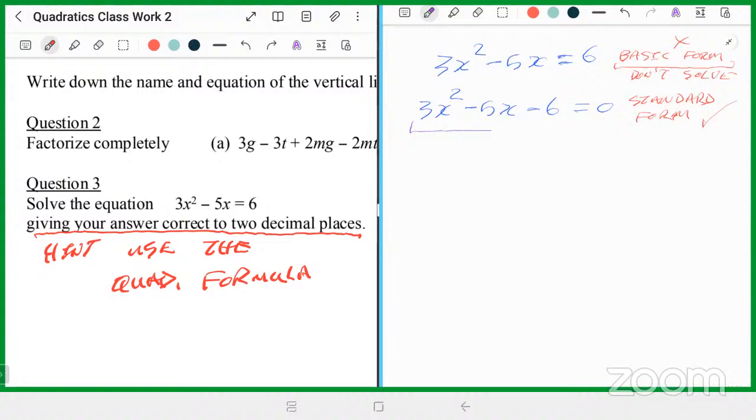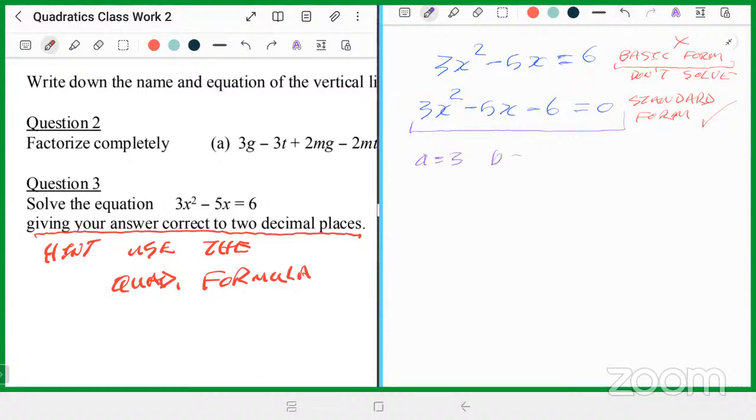Now, solving the standard form, we're able to identify correctly the A, the B, and the C. Don't get any of them wrong, because if you get the A, the B, or the C wrong, then your final answer will not be correct. The A in this case is 3, which is the coefficient of the x squared.